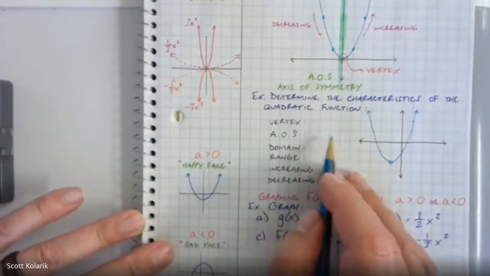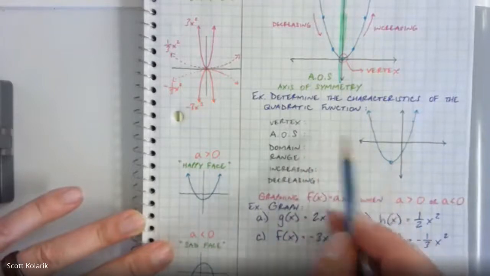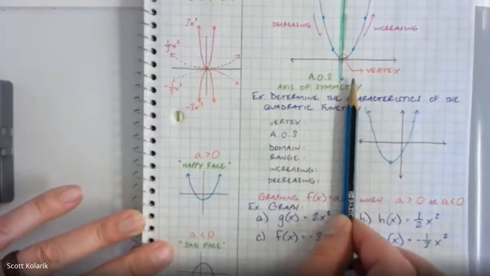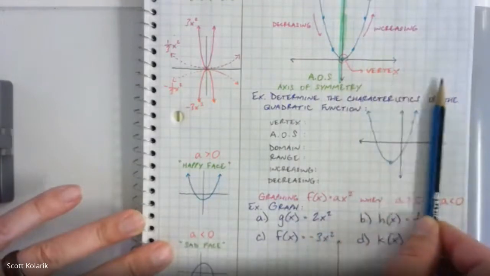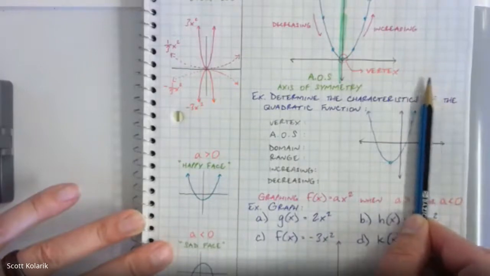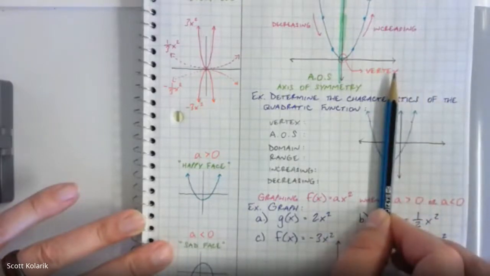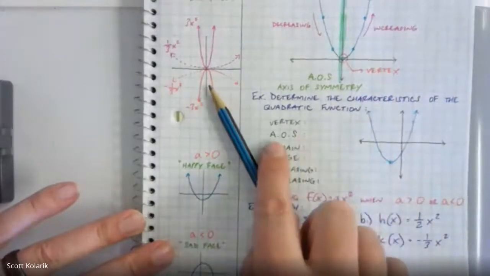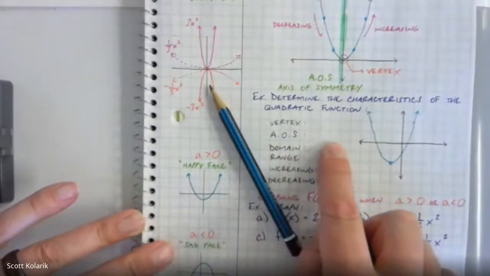The reason why it's x equals something is because x equals any number is a version of a vertical line, and then the number that it equals just places where that vertical line goes. In this instance, the vertical line would be placed at -1, because that's what's going to pass through the vertex. So in this problem, the axis of symmetry is x equals -1.